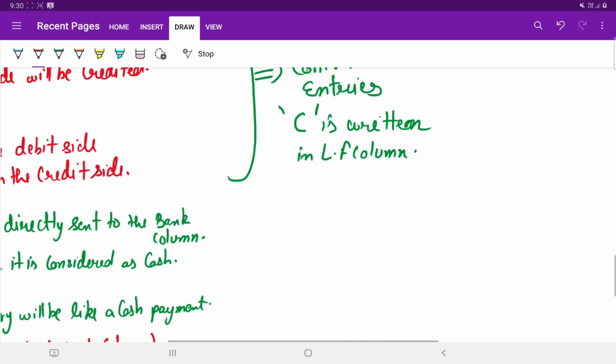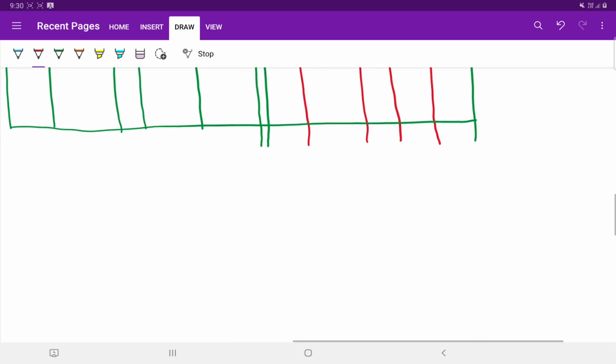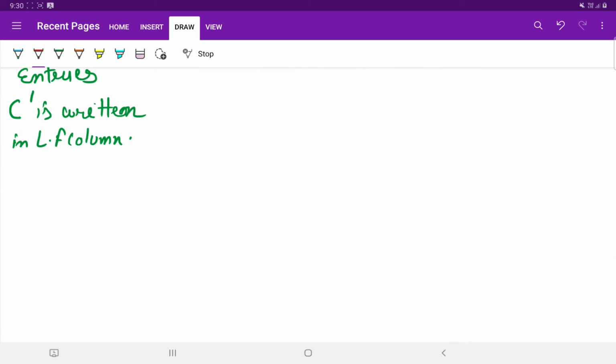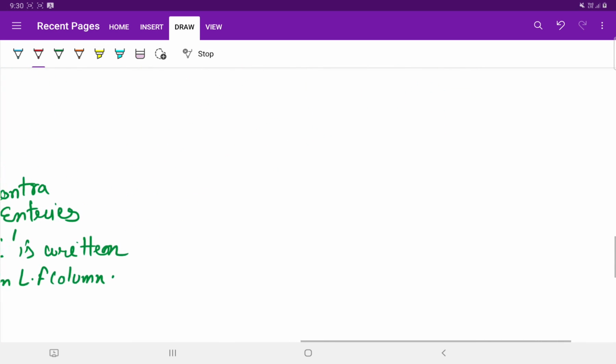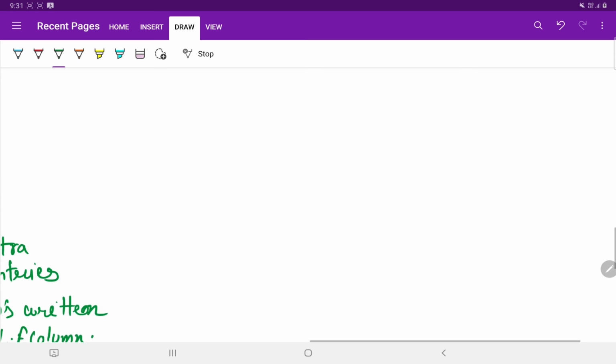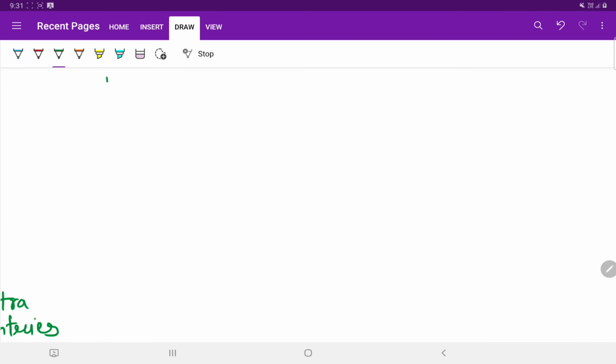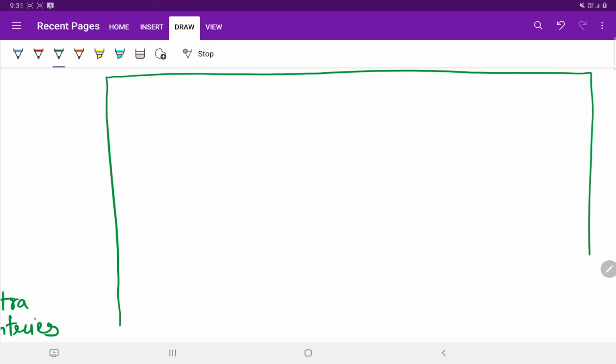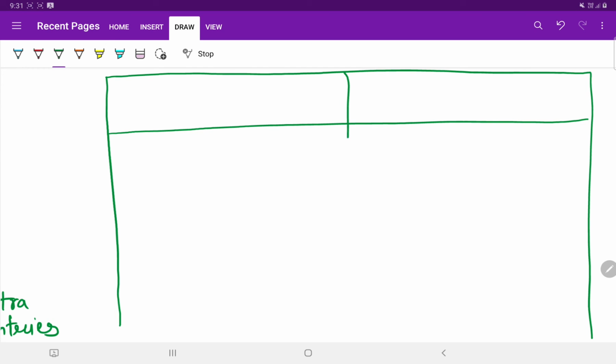So now we shall be drawing the format for a triple column cash book. The format of a triple column cash book will be as follows. It will be divided by a central vertical line like this.